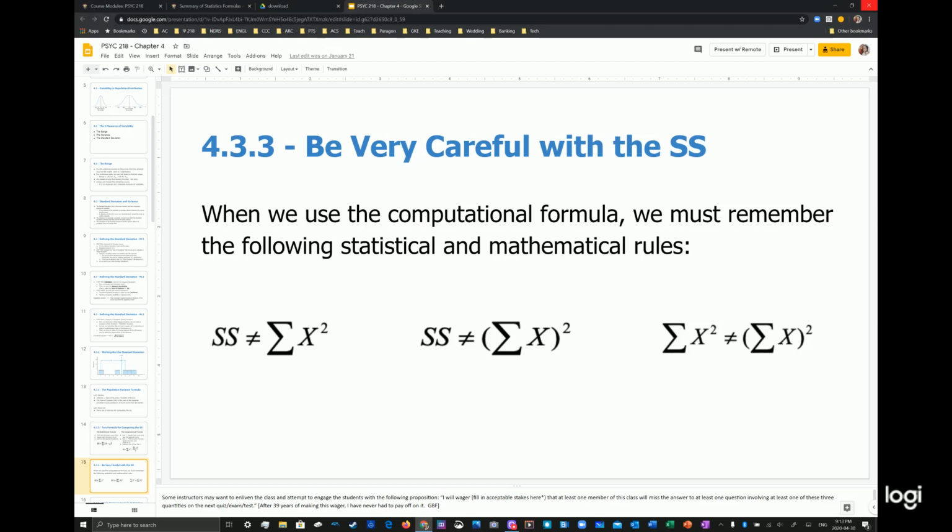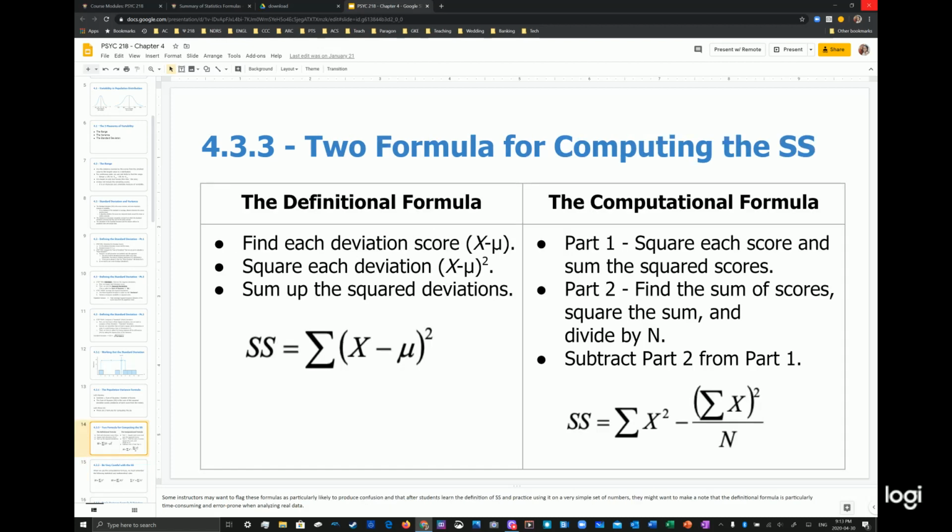It's because of mistakes like sigma notation. They didn't get that, or they missed parts of it, like divided by n, or they missed out on your sigma x squared and then sigma x all squared. That would be the first part. That would make a lot of students make mistakes if you use the computational formula.